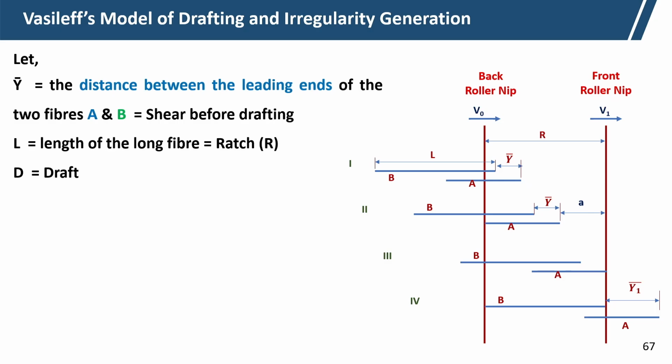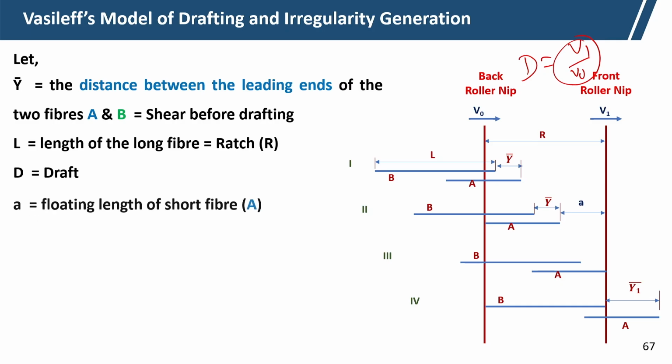D is the draft, which is nothing but V1 by V0, the ratio of the speeds. A is the floating length of the short fiber.